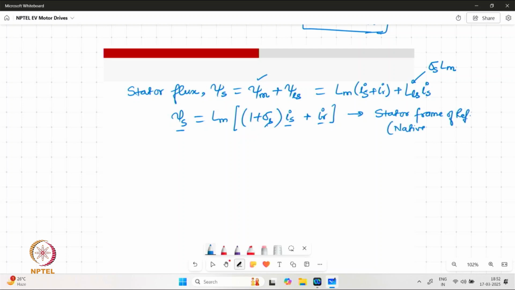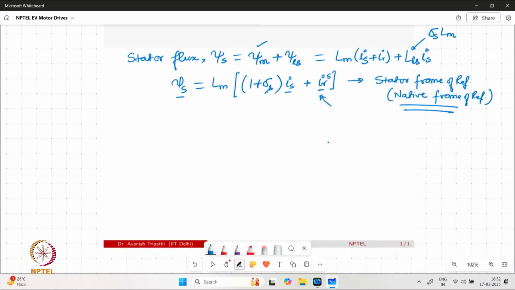That is also called as the native frame of reference for psi s. Now because it involves current IR, so we need to have superscript for IR indicating that the IR is basically represented in stator frame of reference, but actually this quantity denotes to the rotor frame of reference naturally.